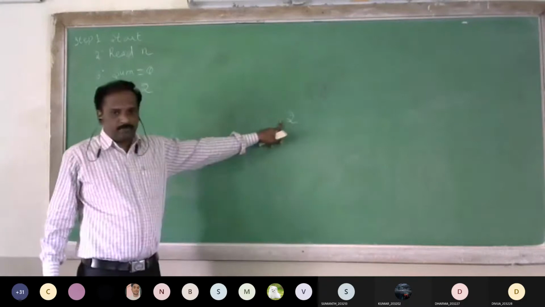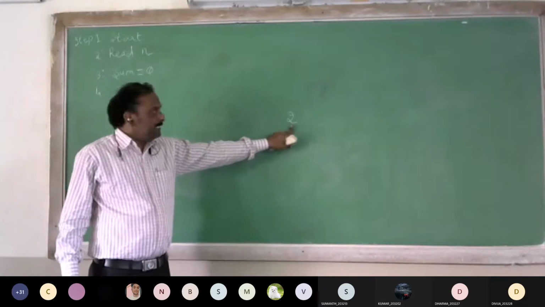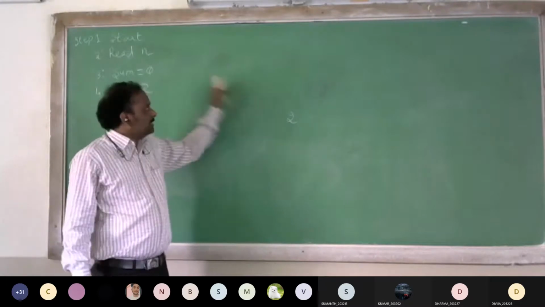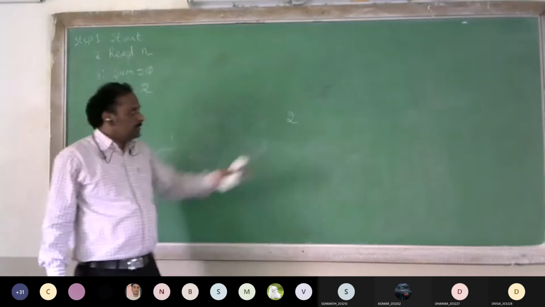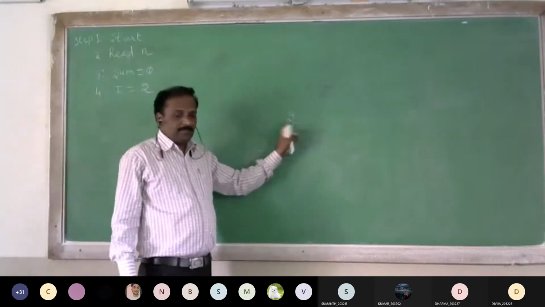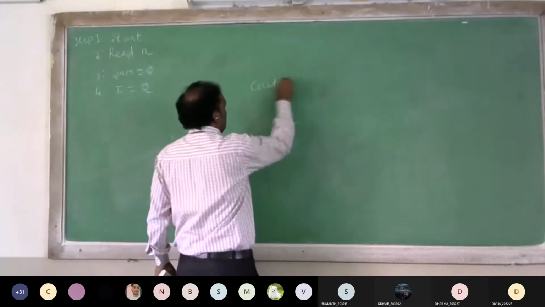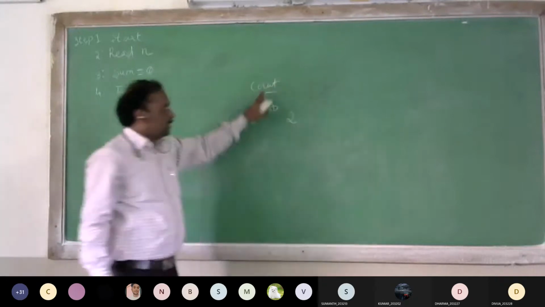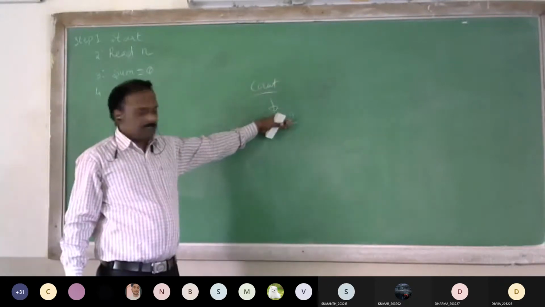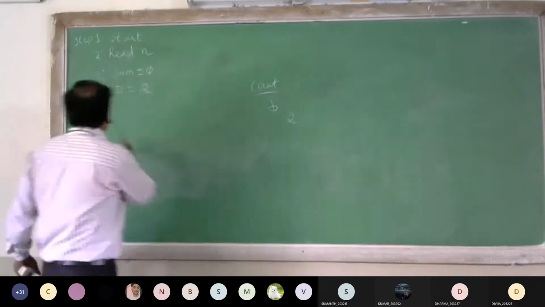We have got one number. Add this number to sum. So what is this number? This is the first even number. So we will take one count to count how many numbers we have added. So this is the first even number, right? So what is the count?